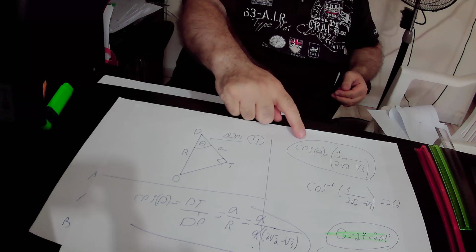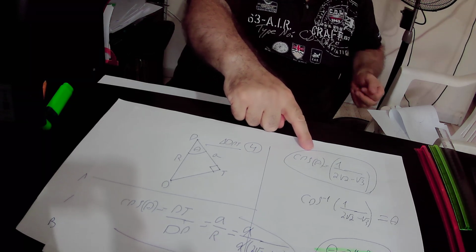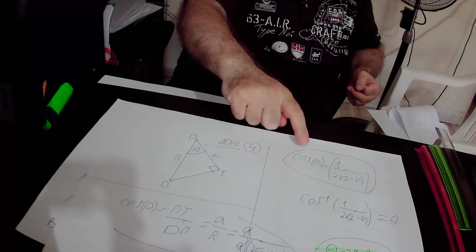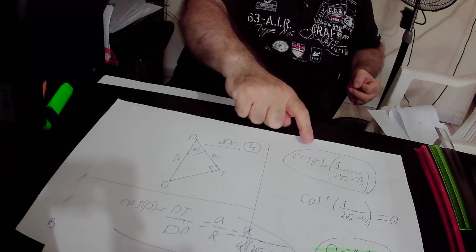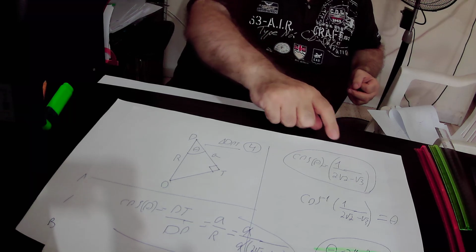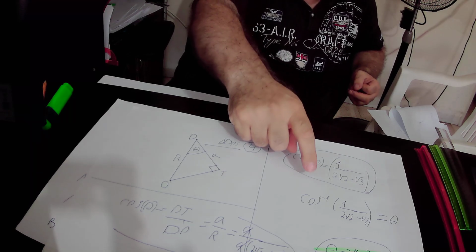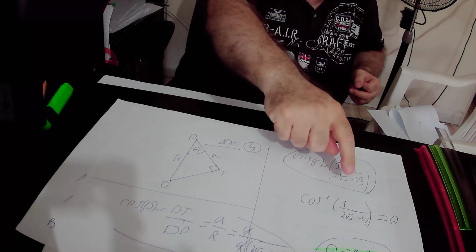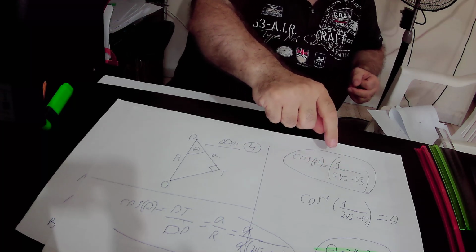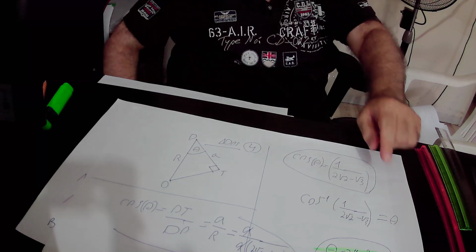And then in order to find the value of theta itself, that is the value that we are looking for, we applied the inverse function of cosine, that is cosine minus 1, on this expression. We operated it on the result, 1 over 2 times root of 2 minus root of 3, and we got the value of theta.